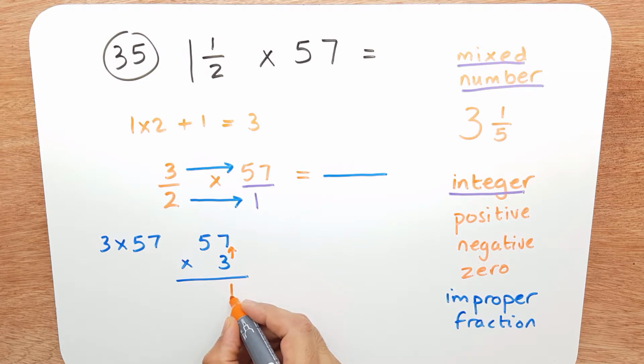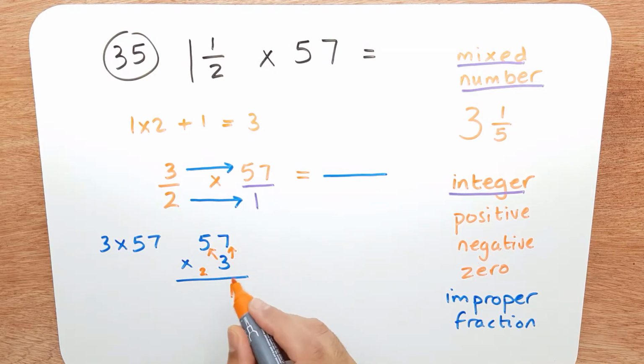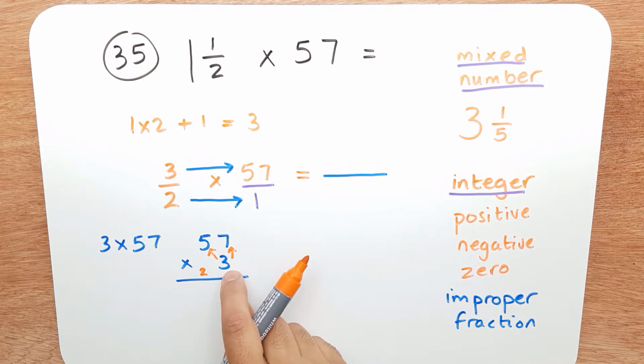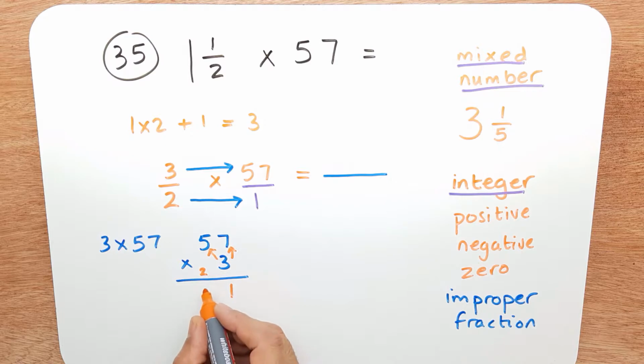I put the 1 down, carry the 2 over to the next column. Then I do 3 times 5 is 15. Add the 2 that we've carried over is 17. So I put the 7 down and carry the 1 over to the next column. We can put it straight down because we've finished. So the answer is 171.